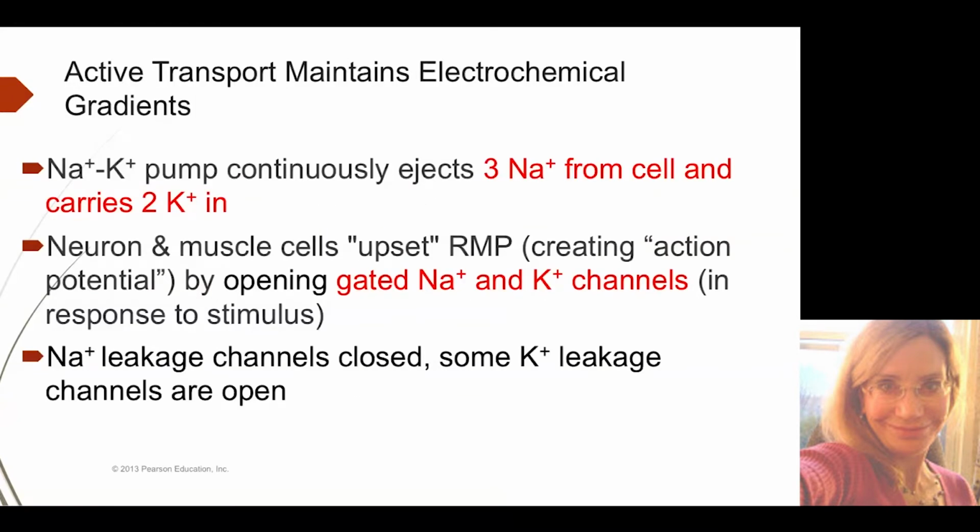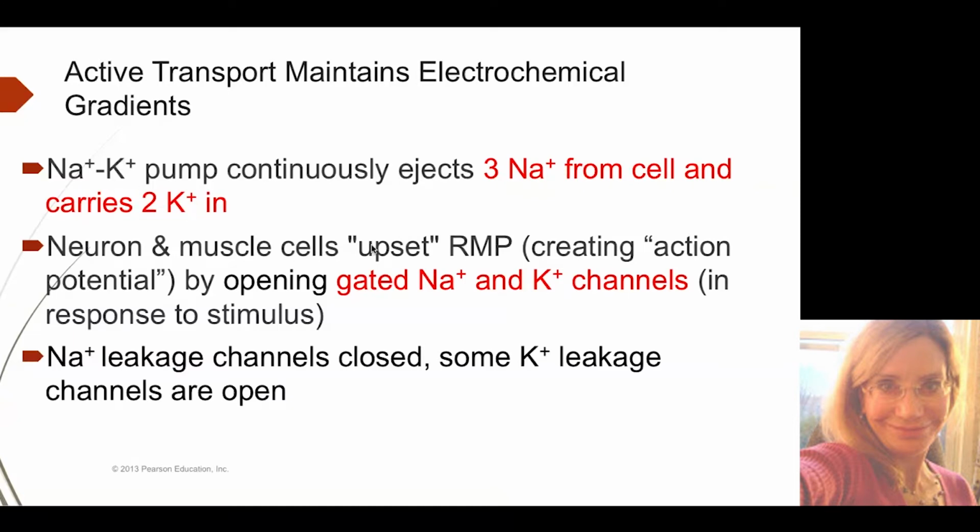So what maintains this? The active transport of the sodium and potassium ions is going to maintain electrochemical gradients. The sodium-potassium pump is going to continuously eject 3 sodium ions from inside the cell to the outside, and then it will bring in 2 potassium ions.